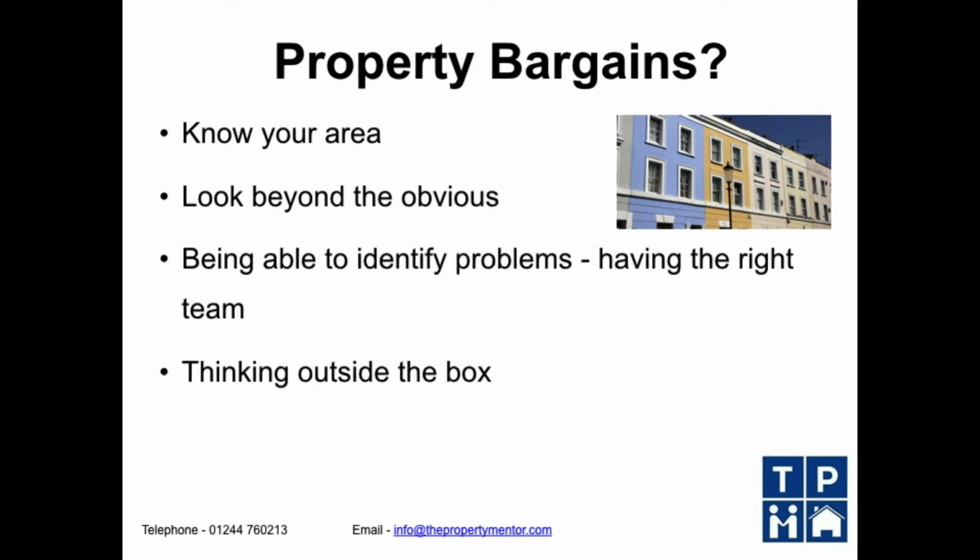But maybe it's a 2-bedroom end terrace house. Perhaps there's a bit of space to the side of it that the other properties don't have. Maybe there's an opportunity to have 2 entrances. Perhaps there's an opportunity to convert it to 2 flats and use some of the space at the end to make them quite good sized flats. And perhaps they would be worth a lot more as 2 flats rather than a 2-bedroom terrace.